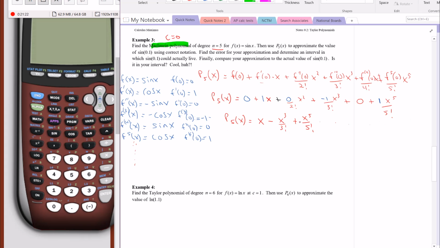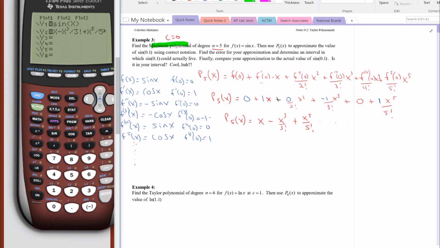But so that's where that thing came from that we're plugging into our calculator that was giving us fairly good approximations. It wants us to find the error of our approximation, right? So we're down here again. It says then use the fifth degree polynomial to approximate the value of sine of 0.1 using correct notation.